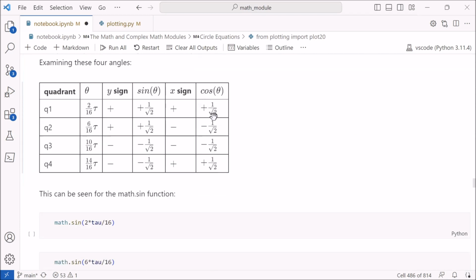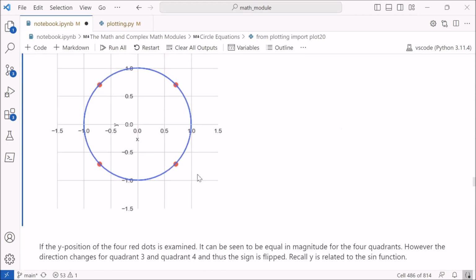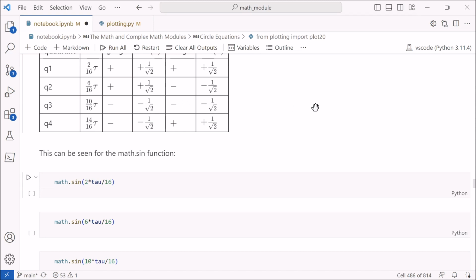We take this value here, and then it's going to be the negative of the same value here, the negative of the same value here, and the positive here. So these all have the same magnitude, and these also have the same magnitude, because we've picked the point where x and y are equal to one another.